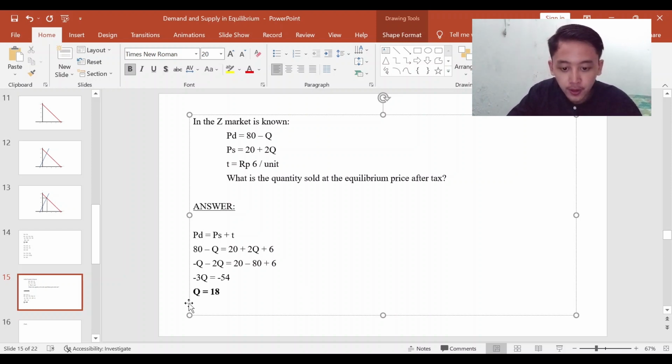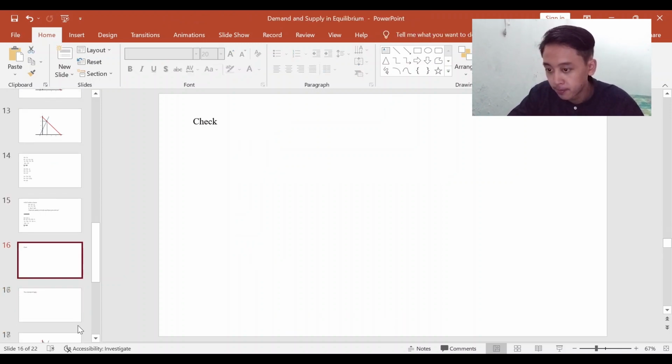Next, all we have left to do is to determine the equilibrium price after tax, and all we need to do in order to figure out what the equilibrium price is, is plug the quantity into either the demand or the supply equation. We'll start with the demand equation.